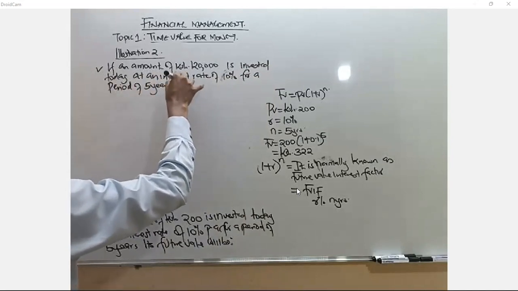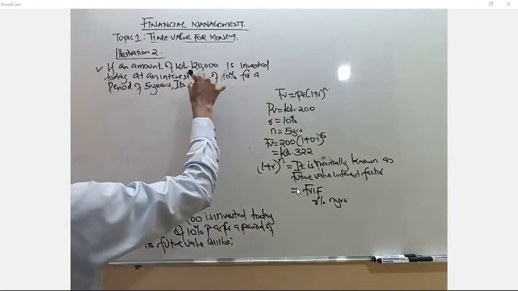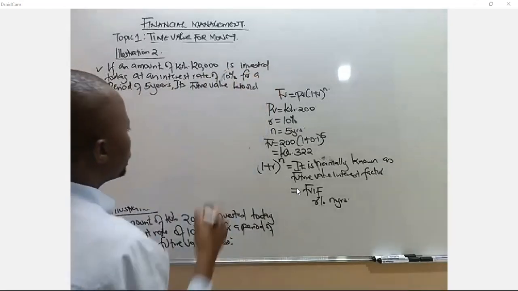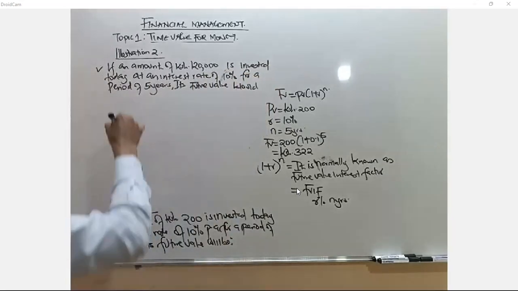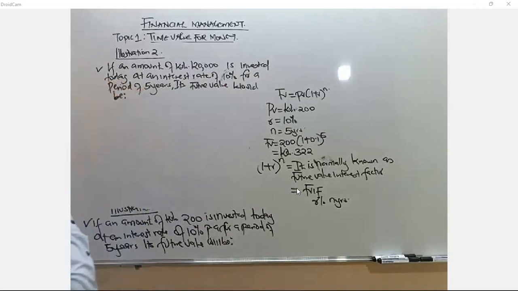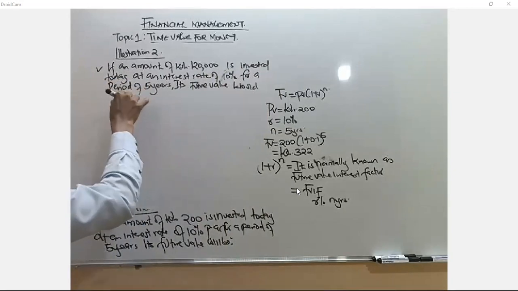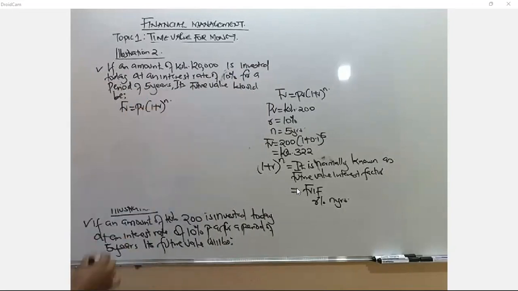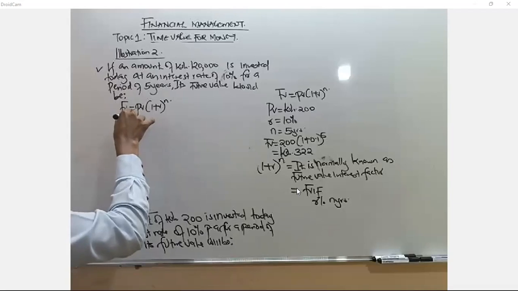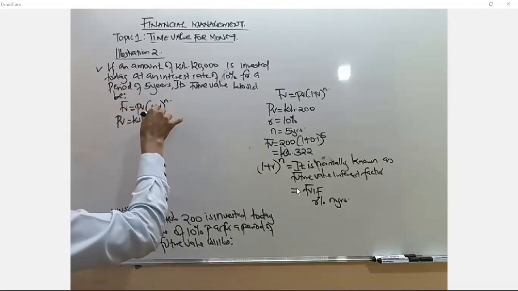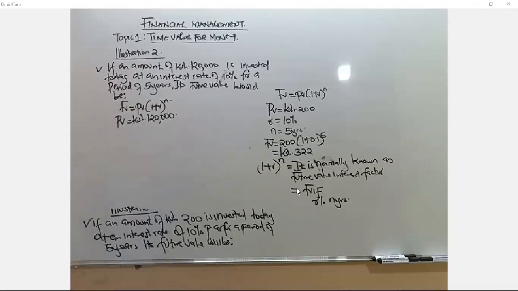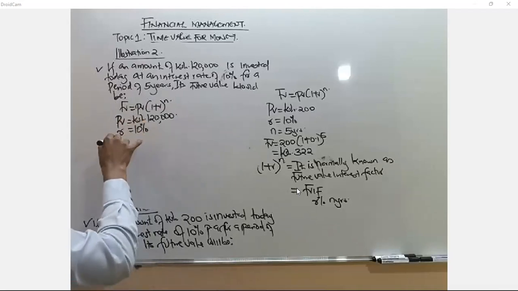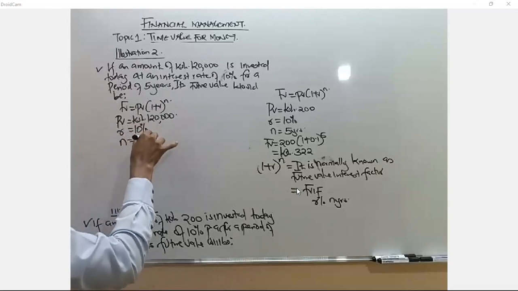Its future value would be, so this would be very easy. I just want to write my formula first. The future value is equal to the present value, 1 plus R raised to N. My present value is equal to 120,000 Kenya shillings, our rate is equal to 10%, and our N is equal to 5 years.